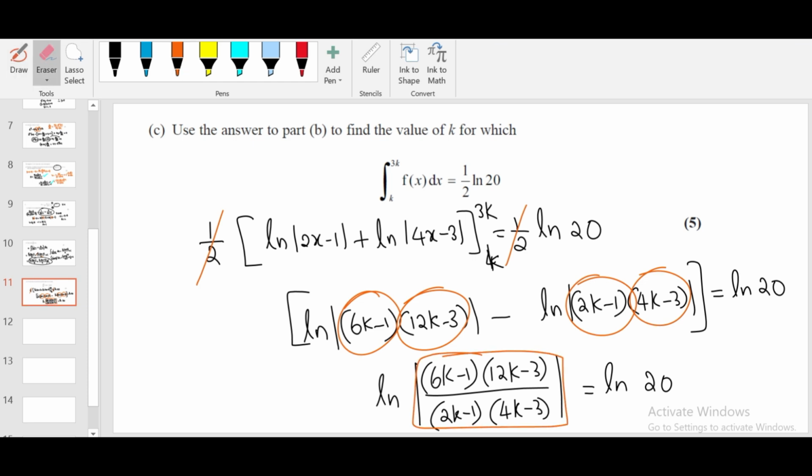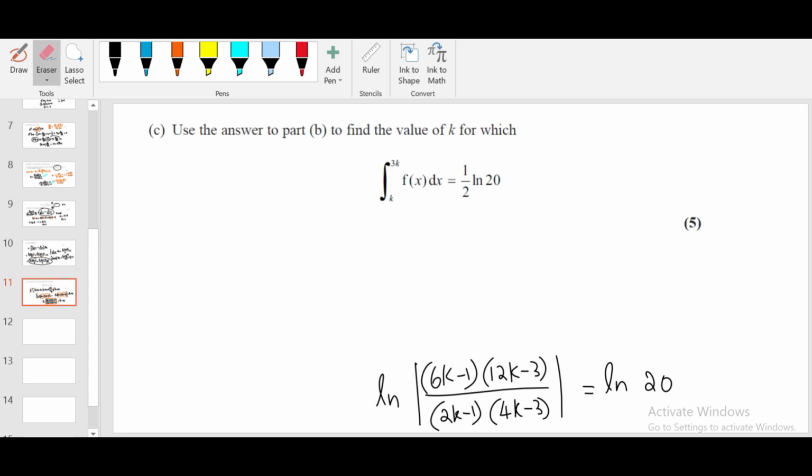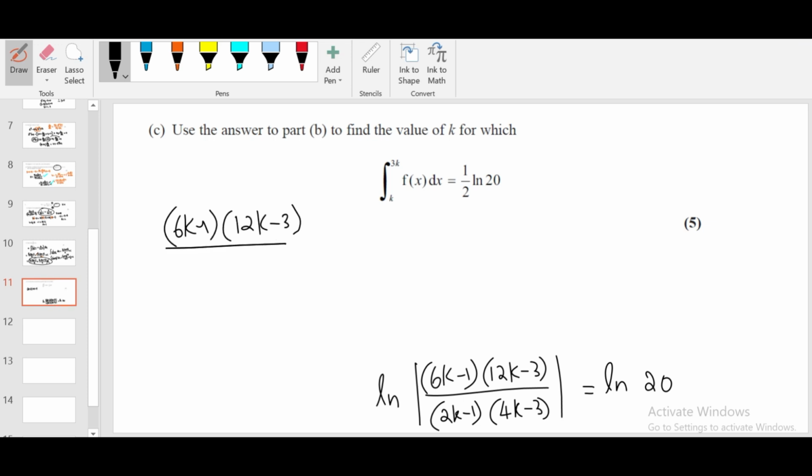We can just remove the modulus sign. And you can remove ln on both sides. So basically you will get 6k minus 1 times 12k minus 3, divided by 2k minus 1 times 4k minus 3, is equal to 20.